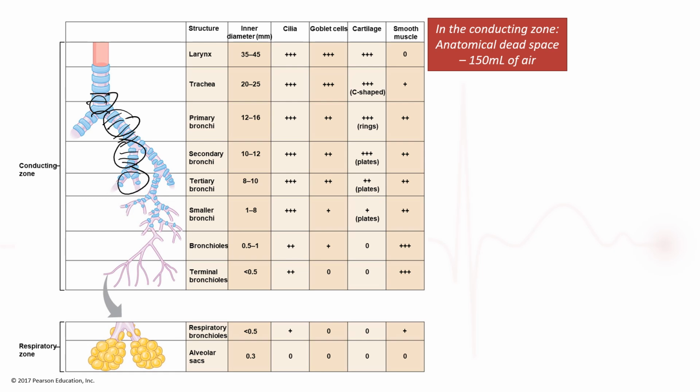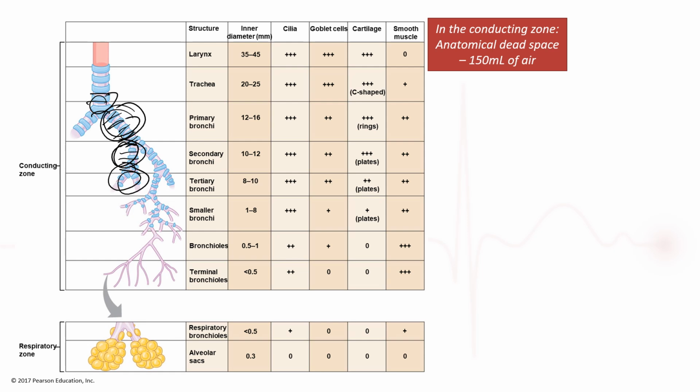Now, those rings of cartilage continue to exist within the primary and secondary bronchi, and to a lesser extent, but still there, within the tertiary bronchi. Now, what's the purpose of these rings of cartilage? It's to keep the tubes open. These tubes constantly deal with big changes in pressure, and they very easily have the ability to collapse.